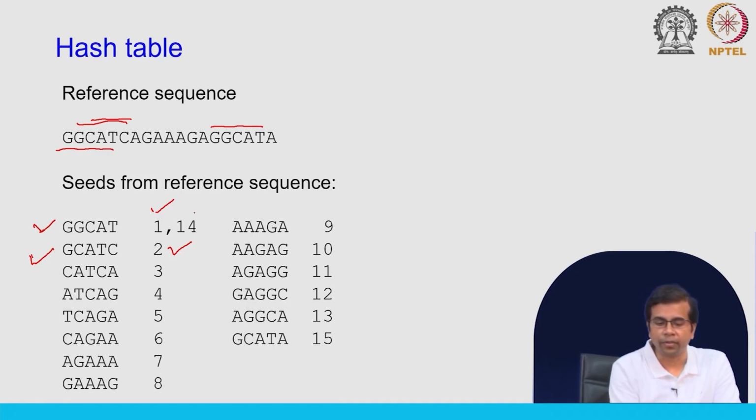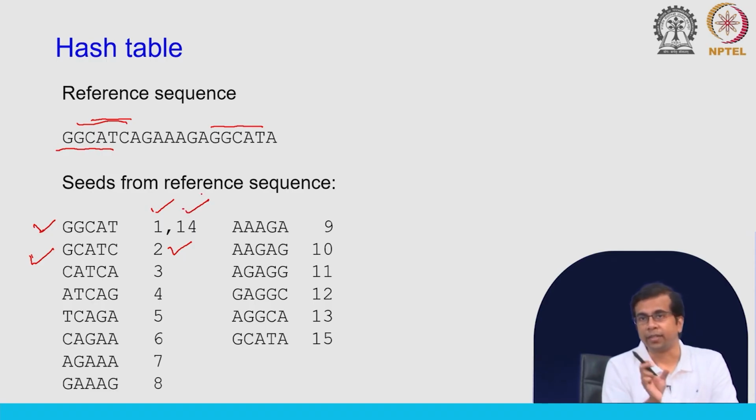So we just add an additional value for that key. This means this seed is present in 2 positions, it is repeated in the reference sequence, so we need to store these alternative locations. Finally, we have the last one here, GCATA, which gives us this. This is the hash table that we build as we go along the reference sequence.